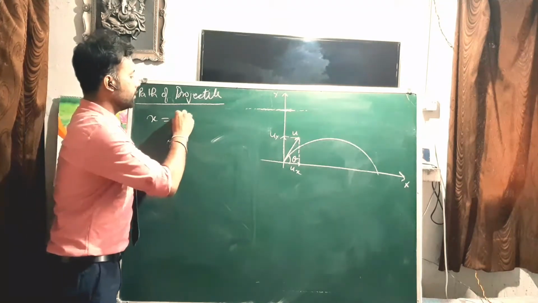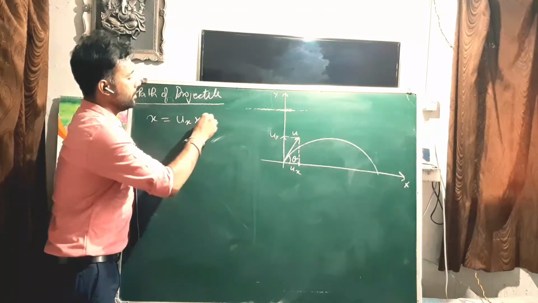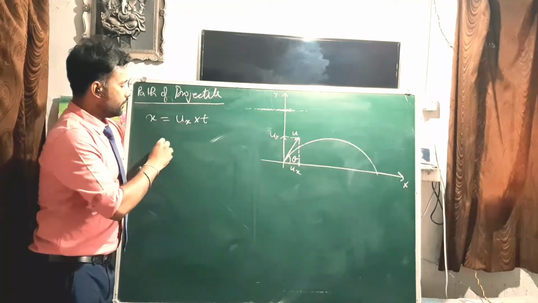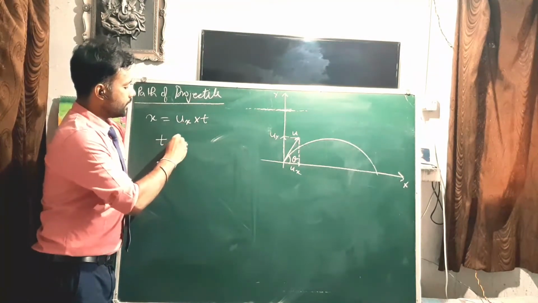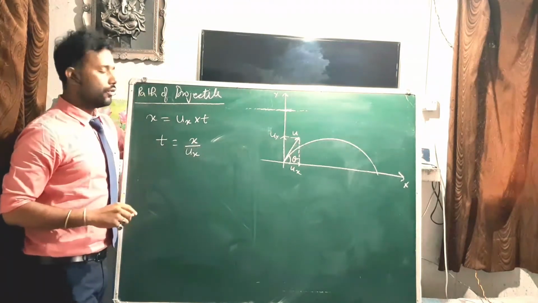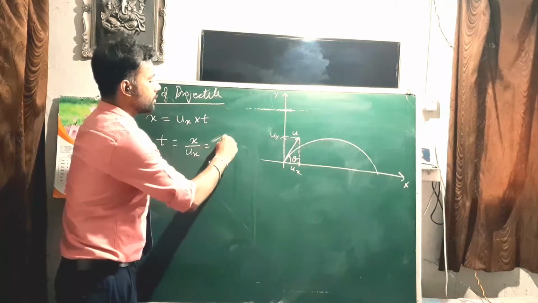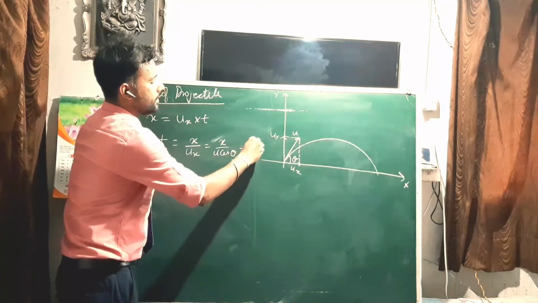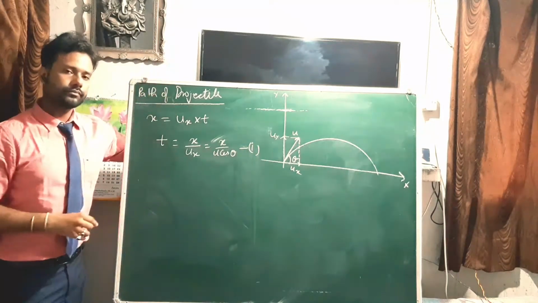So we will take ux into t. From here, if you find the value of t, t will be x upon ux, and what was the value of ux? That was u cos theta. So t equals x upon u cos theta. Let's say this is equation number 1.